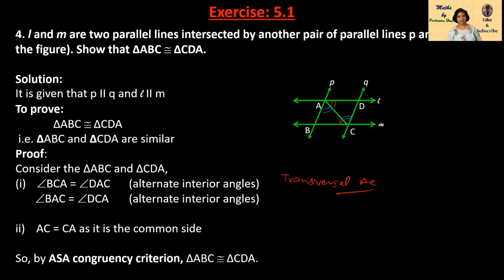And then this line is common. So by ASA, two angles are equal, corresponding angles in these two triangles, and this line is also equal because it is the common line in both triangles. So we can say by the ASA congruency criterion, or rule, you can say rule also if this is a new word for you, triangle ABC is congruent to triangle CDA.